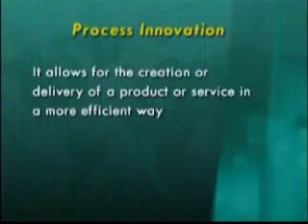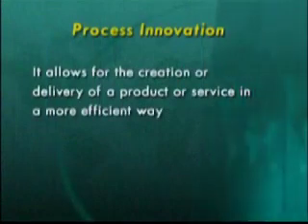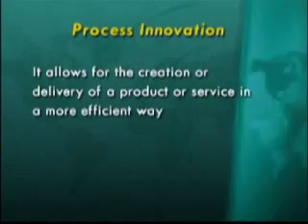Process innovation, on the other hand, allows creation or delivery of a product in a more efficient way. The invention of the smartphone, for instance, allowed people easy access to their email and all the knowledge of the internet. Back in the 20th century, refrigerated boxcars allowed beer to be transported long distances and encouraged the rise of mega producers of beer.